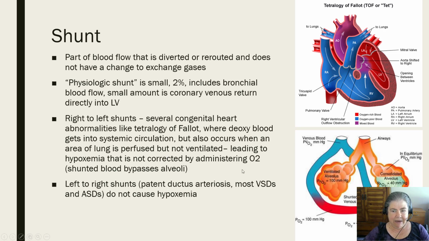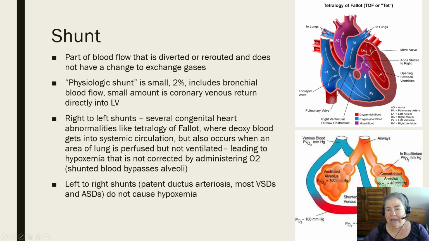But in the lungs, sometimes it can happen that we have an area of the lung that isn't being well ventilated. And in this case, it's showing an alveolus that has pneumonia, that's full of pus and fluid, and where we don't have a good partial pressure of oxygen because we have a lot of fluid there. And in that case, the deoxygenated blood that is passing through this acinus, this consolidated acinus, is not getting oxygenated.